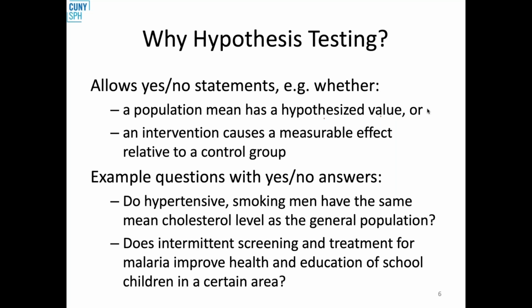Is the proportion of people in this population that have diabetes equal to the proportion of people in this population that have diabetes? Is the blood pressure of people that take this drug lower than the blood pressure of the people that take the placebo? Right? So we need to know that. We really want to know if the whole population took that drug, but we're really dealing with a sample.